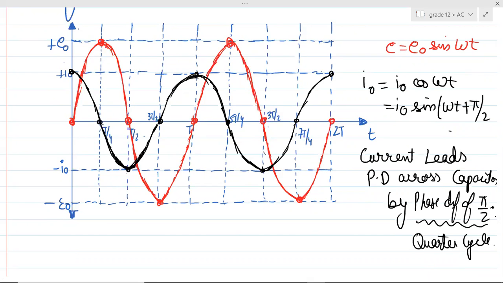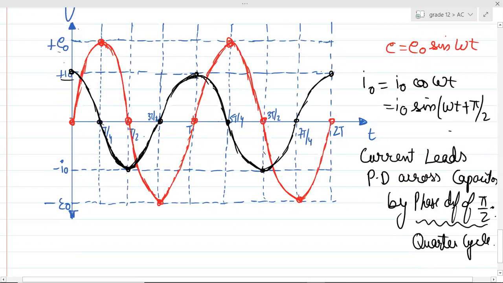Now suppose you are the person running in time and you are either EMF or current. Understand this very carefully. Now can you see this particular thing? Out of EMF and current, see after time t, or see after time 3t by 4.